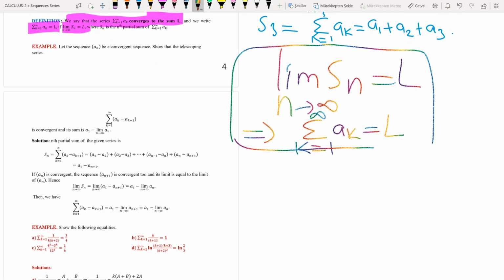Let's look at this example. Let the sequence an be a convergent sequence.